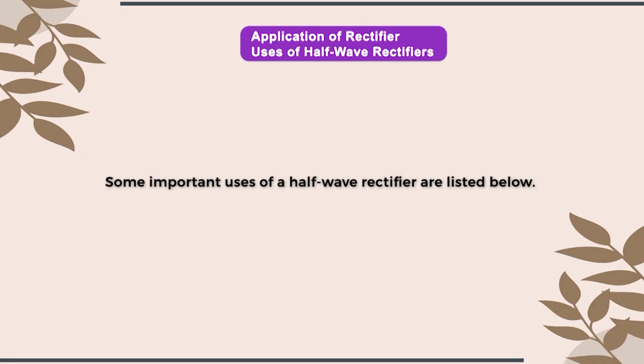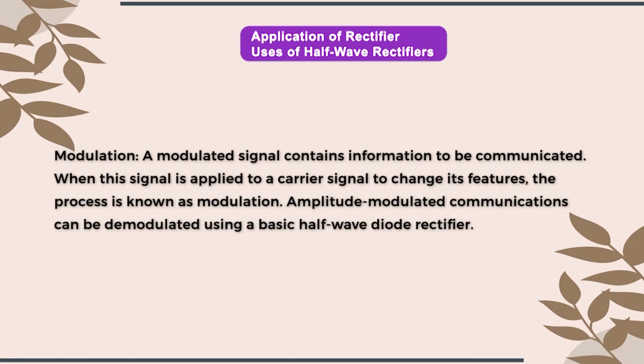Some important uses of half wave rectifier are listed below. First one is modulation. So what is modulation? A modulated signal contains information to be communicated. When this signal is applied to a carrier signal to change its features, the process is known as modulation.